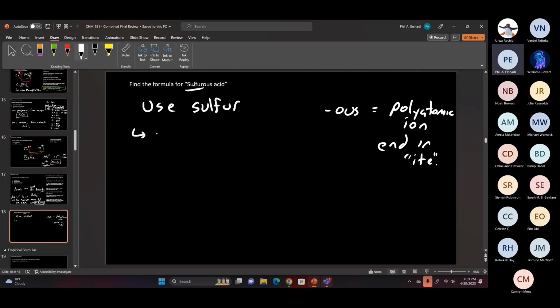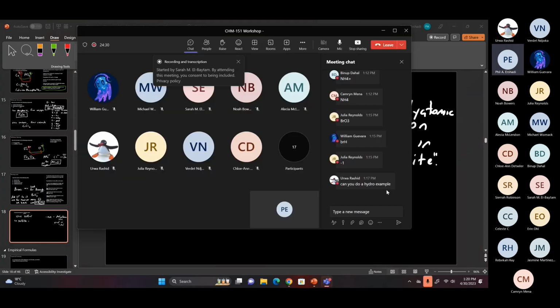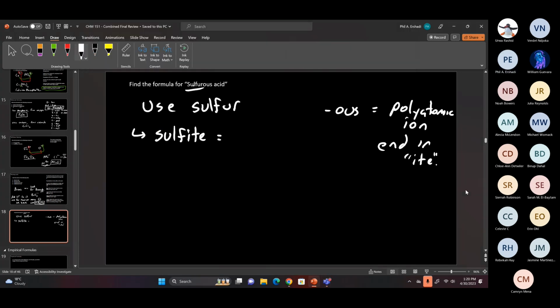So we're going to be looking for sulfite. So check the chat here. Make sure I didn't miss anything. I'll do a hydro example after this as well. But let's do sulfite first.